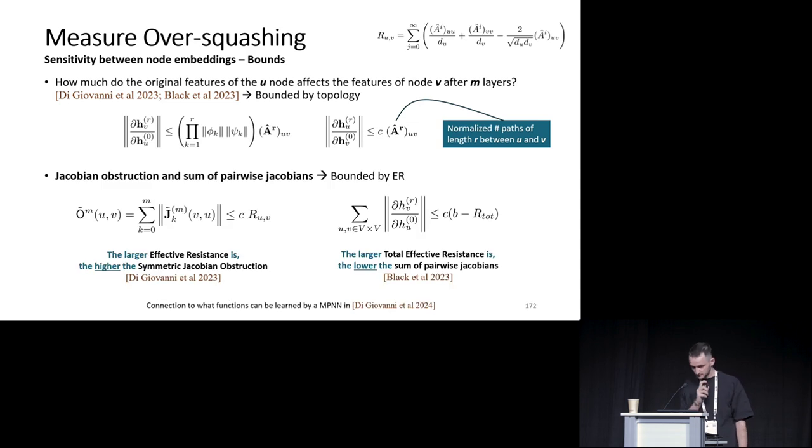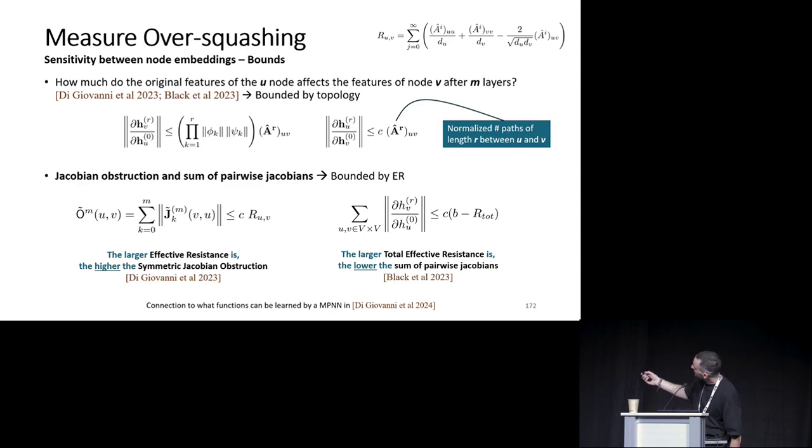But what I find even more interesting is that the Jacobian obstruction, so this sensitivity after m layers, is upper bounded by a constant, and I advise you to read the paper because it's very interesting. There are also some parameters of the width and the depth of the network, but mainly a constant and the effective resistance. So if two nodes are farther away, they are going to have less influence on each other, so the Jacobian obstruction is going to be higher.